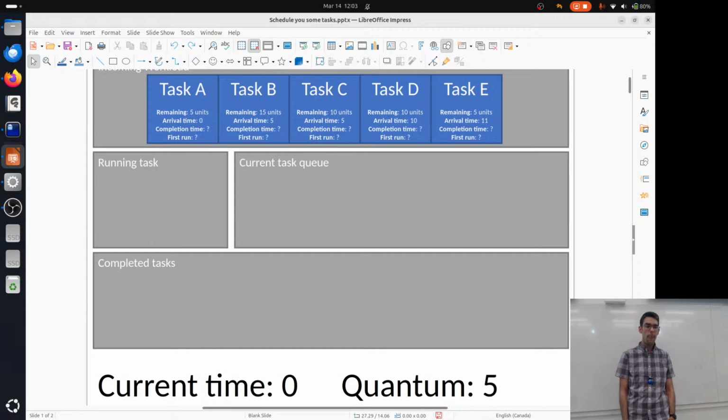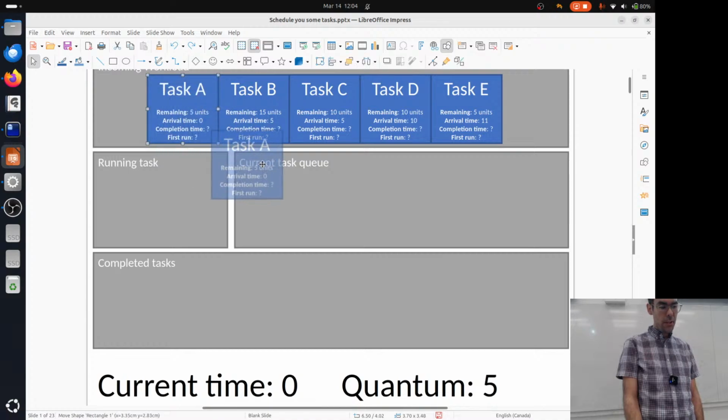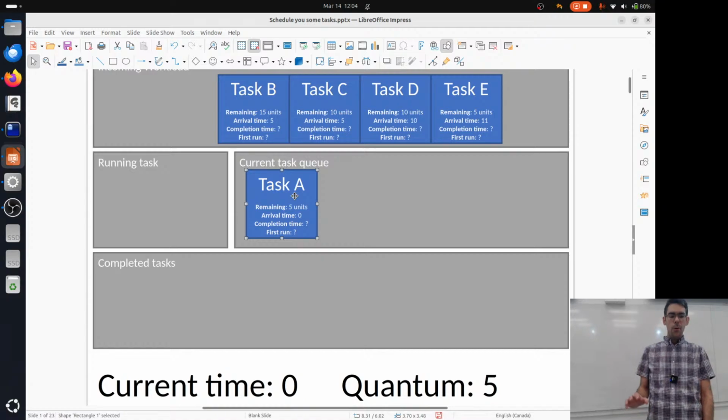Yeah. Okay. So I'll get us started here. At time 0, some things are going to happen instantaneously. So we're going to put task A into our queue. We're going to order this queue now. We're doing a priority queue, as you're suggesting, but there's nothing in the queue. So we're just going to insert it to be the head of the queue.